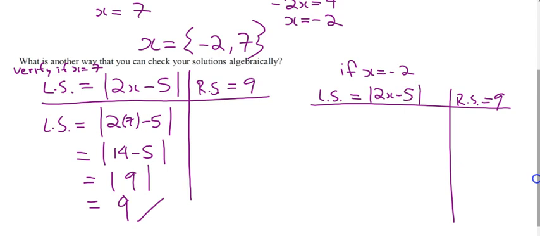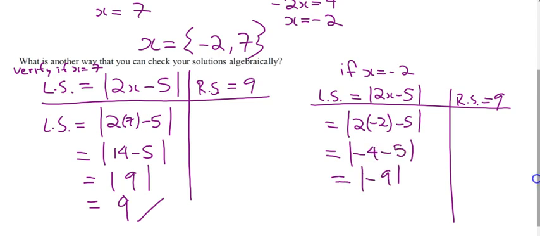We're going to substitute in. So 2 times negative 2 minus 5 is negative 4 minus 5, which is the absolute value of negative 9, which is 9, and that verifies. Okay, any questions on that one?